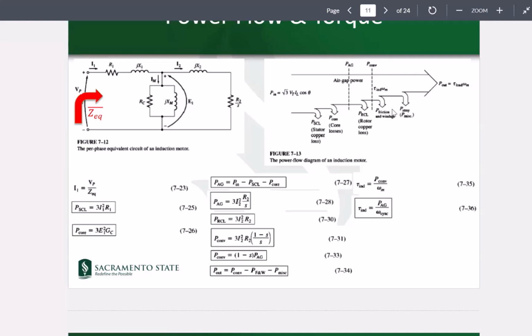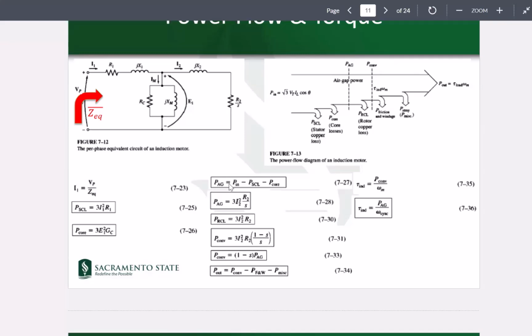Let's look at these losses in terms of the parameters. So P SCL, or the stator copper losses, is 3 times R1 I1 squared. The 3 is coming because of the three-phase factor. P core would be 3 E1 squared times GC. And what is GC? GC is 1 over RC. And then we have P AG, the air gap power, the power over here, would be the input power minus the stator copper losses minus the core losses.